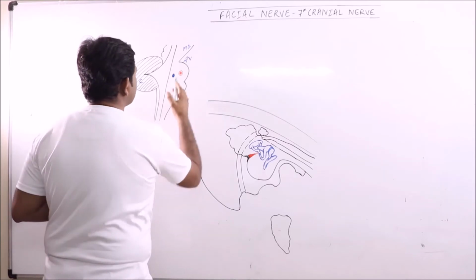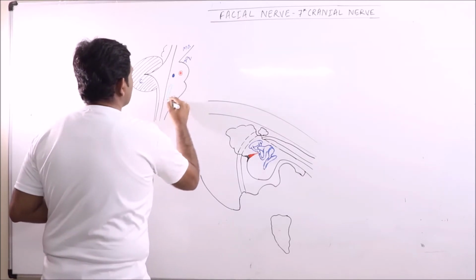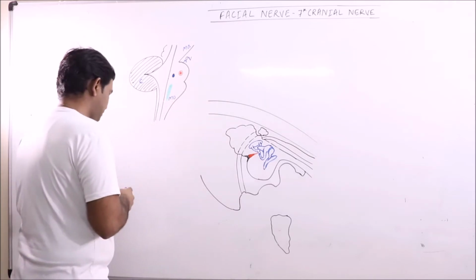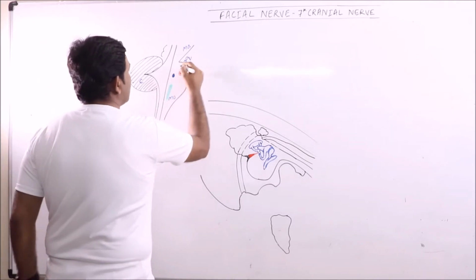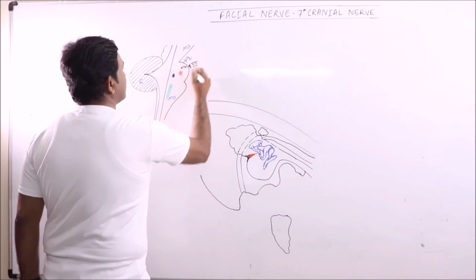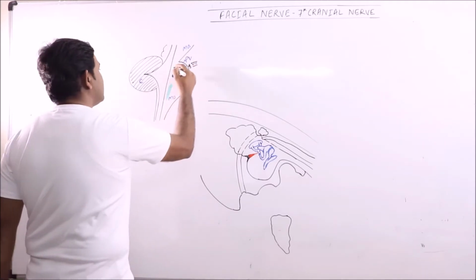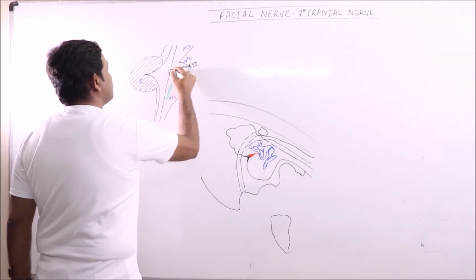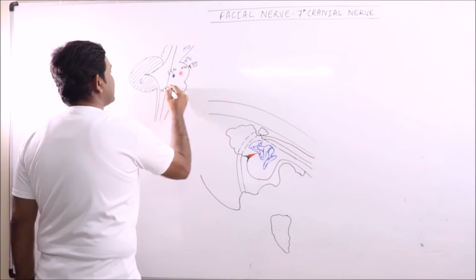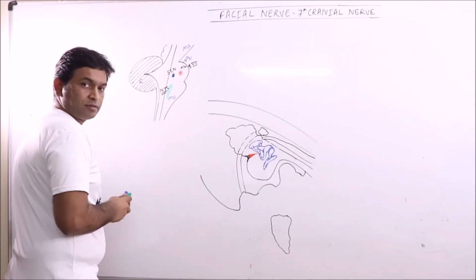And the third one is nucleus tractus solitarius. So this is the main motor nucleus of facial cranial nerve. This is the superior salivatory nucleus and this is the nucleus tractus solitarius or solitary nucleus.